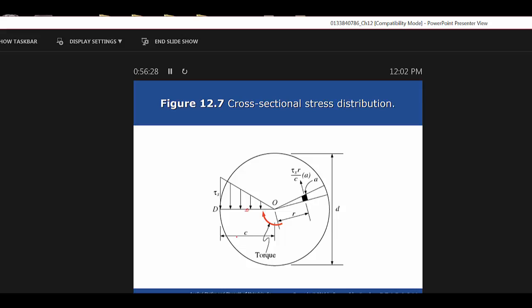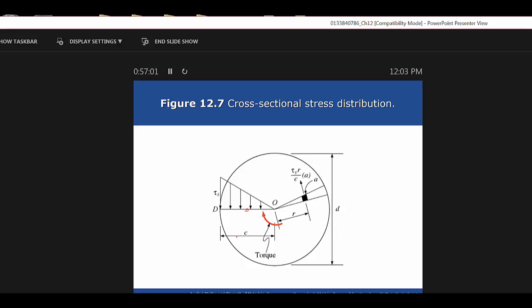If you're trying to find the required diameter, they're developing that calculation. If you want to find the required polar moment of inertia, you take the torque times the C value and divide that by the allowable shear stress.